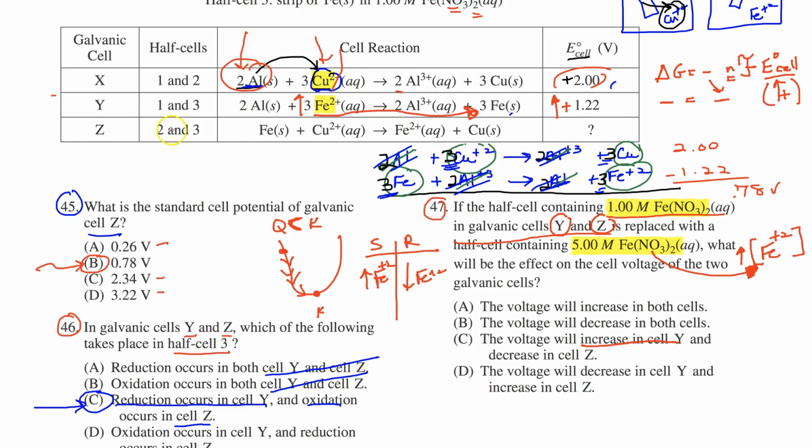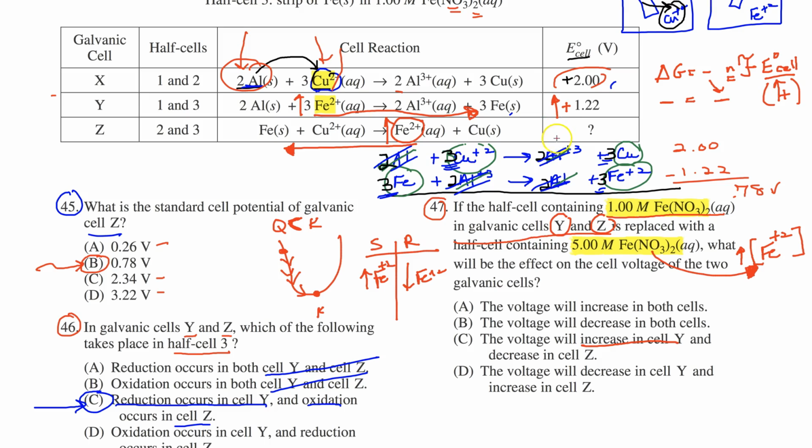Now because in cell Z the iron plus 2 is on the product end, increasing this concentration is going to shift it and become more spontaneous in the reverse. And if it's becoming more spontaneous in the reverse, that must mean our forward is becoming less spontaneous and our voltage would have to drop.